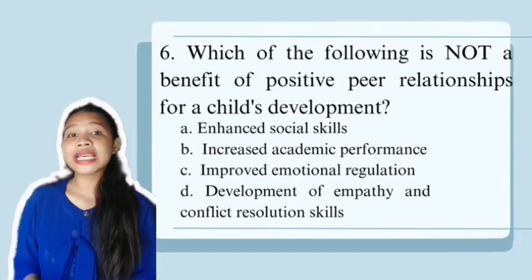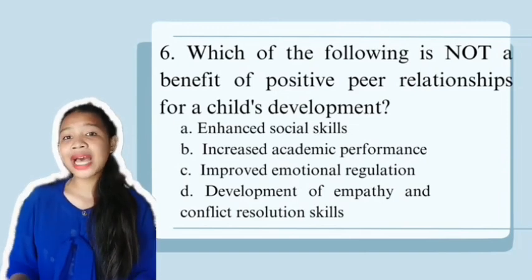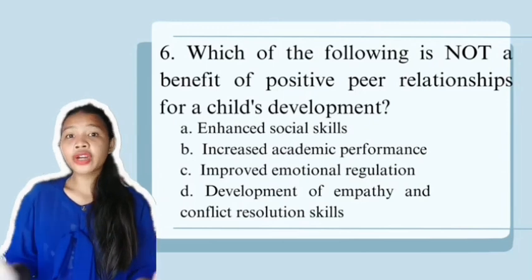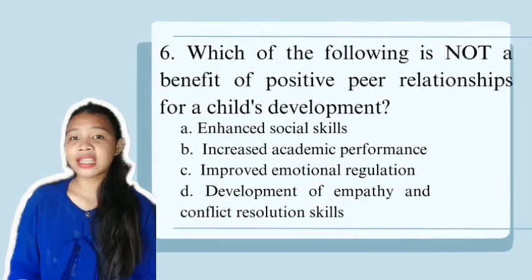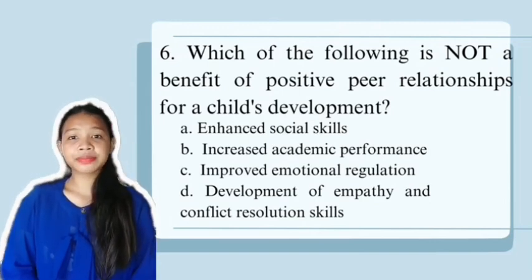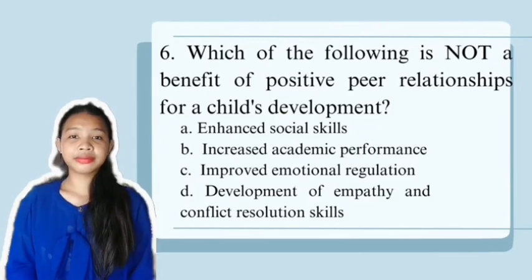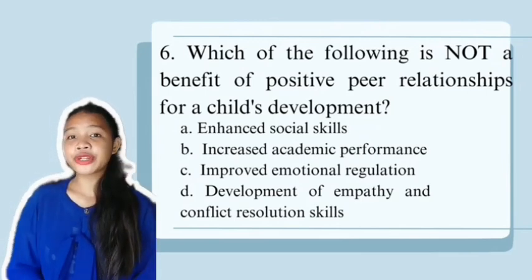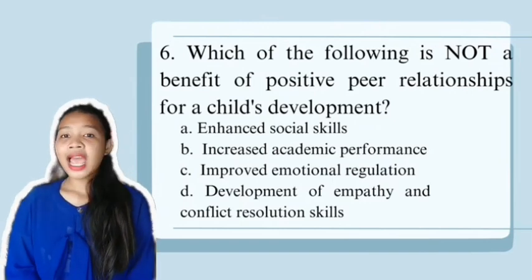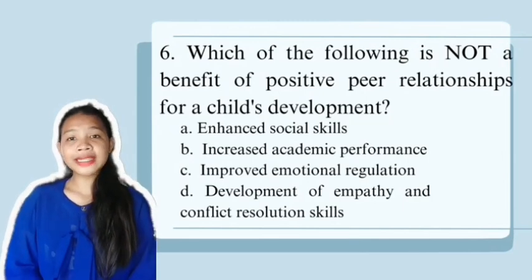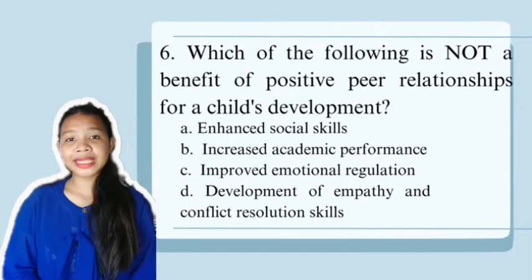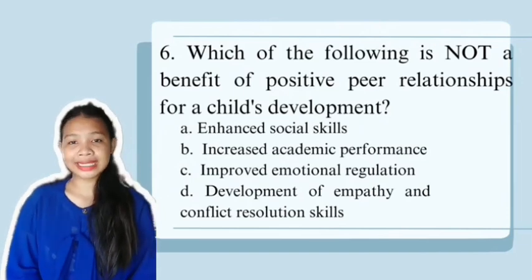Which of the following is not a benefit of positive peer relationships for a child's development? Letter A, enhanced social skills. Letter B, increased academic performance. Letter C, improved emotional regulation. Or letter D, development of empathy and conflict resolution skills.